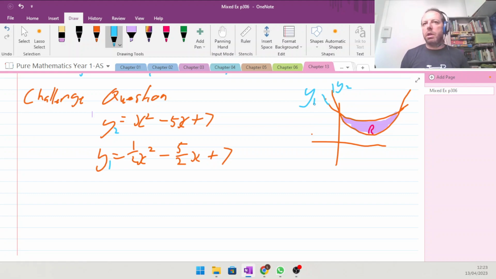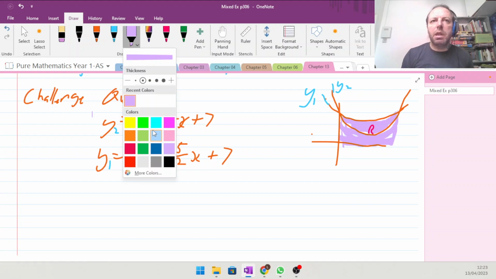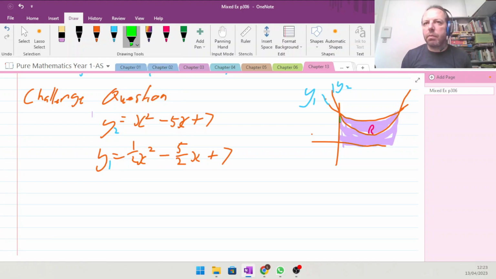So we're going to integrate Y1. That will give us the bound region all there, all of that purple area. Then we are going to find the area underneath Y2, and we will take it away.